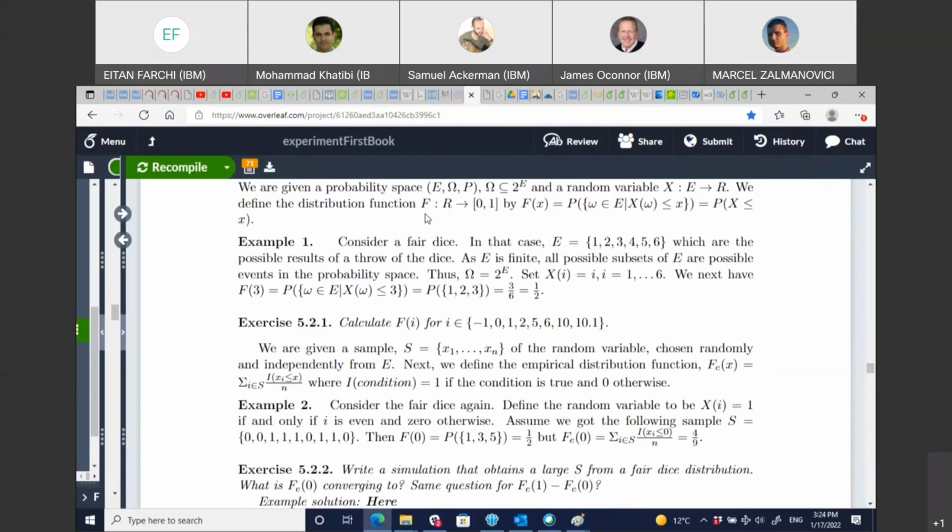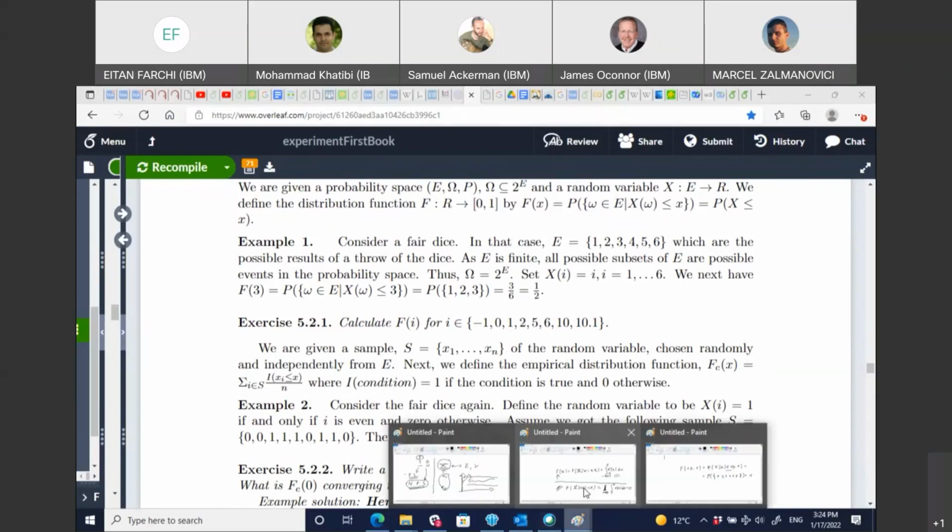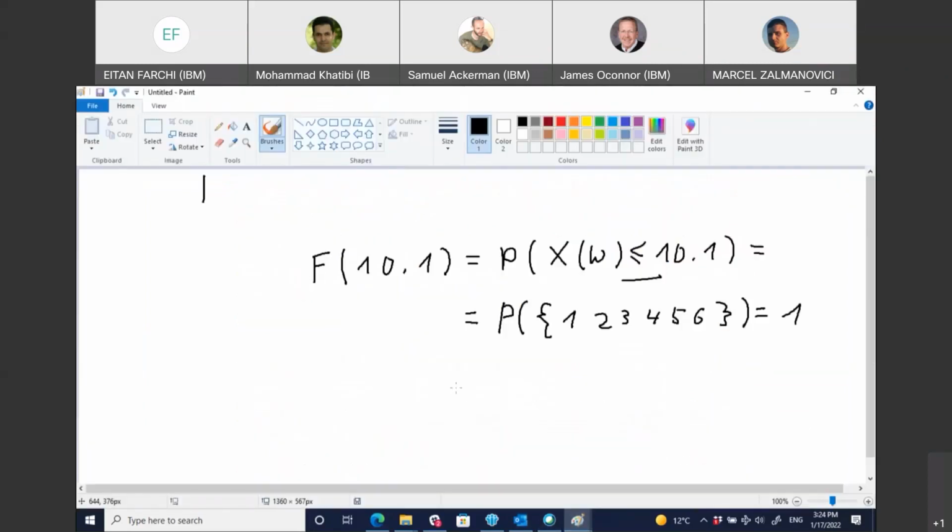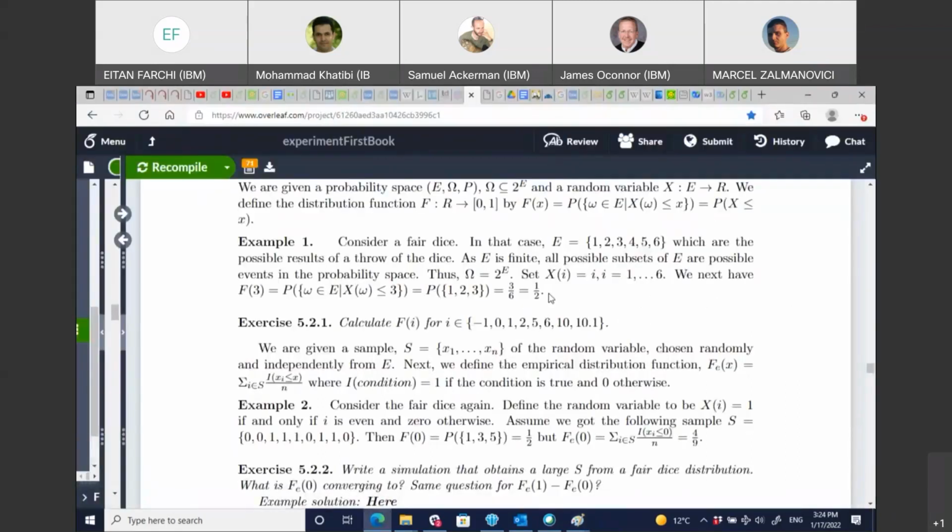We'll change F to something else. We'll call it Fe, which is the empirical distribution, so we'll be able to estimate the theoretical distribution based on the data without understanding the data, without modeling it. That's why we are going down this route.